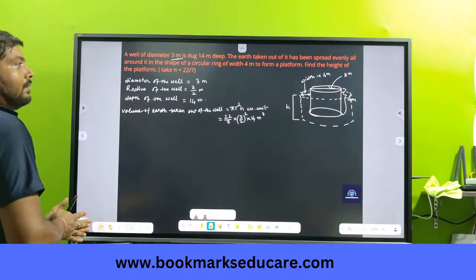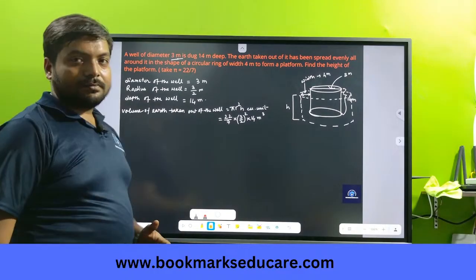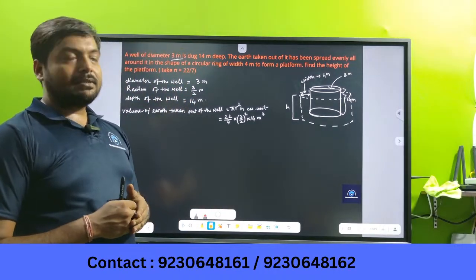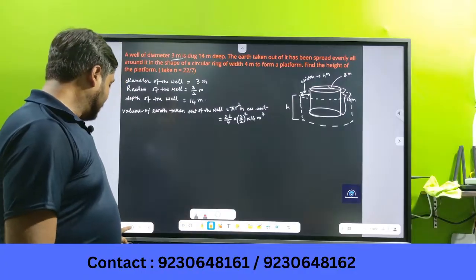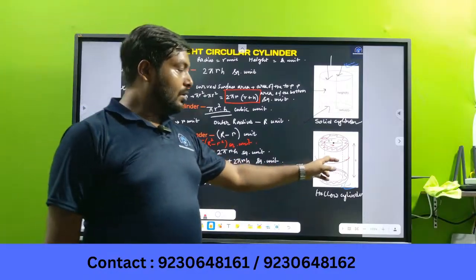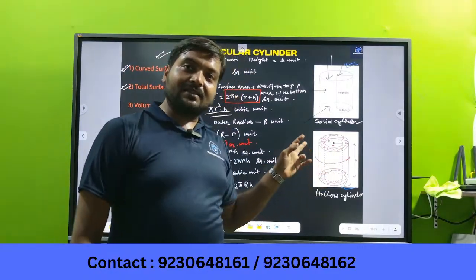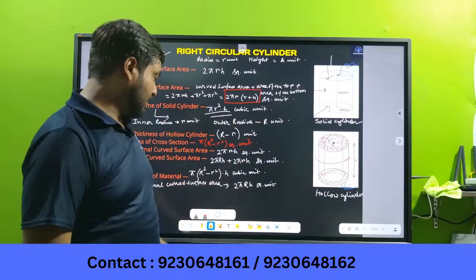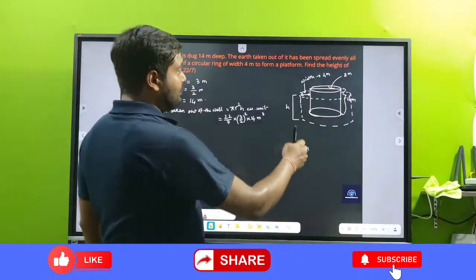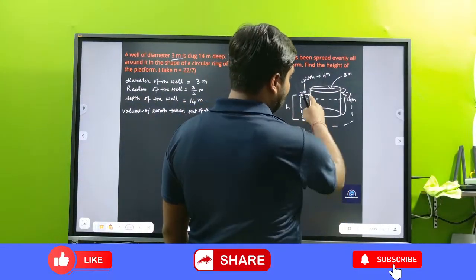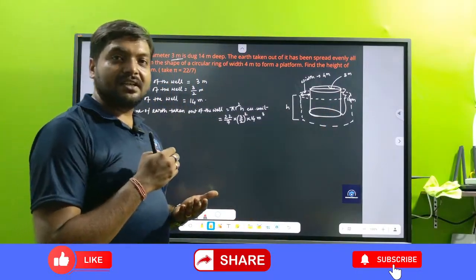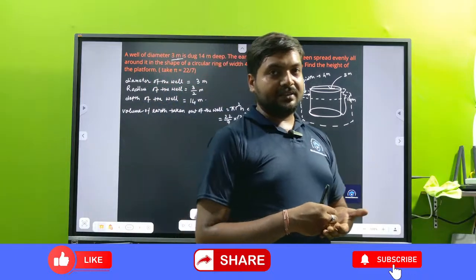Now we have to find the height of the embankment. Earlier you must remember that we have talked about hollow cylinder, and this is nothing but a sum on hollow cylinder. If the earth taken out of the well is spread all around it in the form of a ring, then it will have an inner radius and an outer radius.